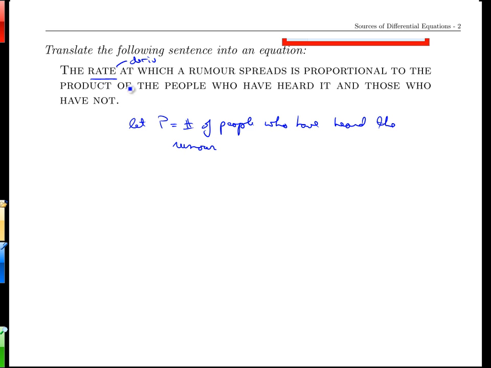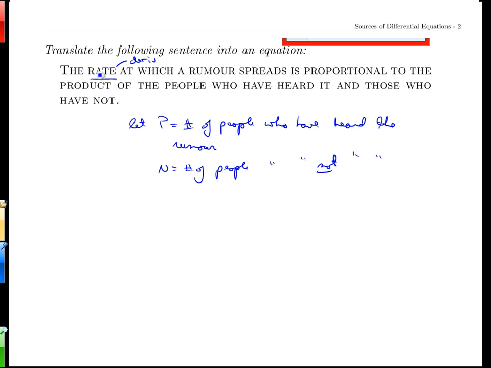And if we take a look at this, the product of the people who have heard it, so that's our P, and those who have not. So let's call that N, why not? So there's our expression for the number of people who haven't heard the rumor.